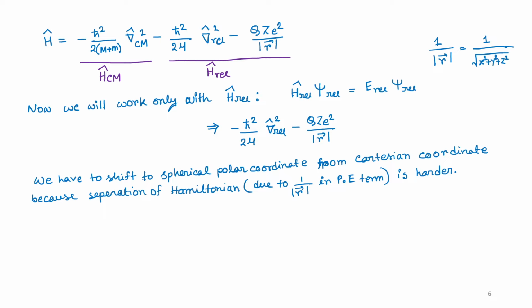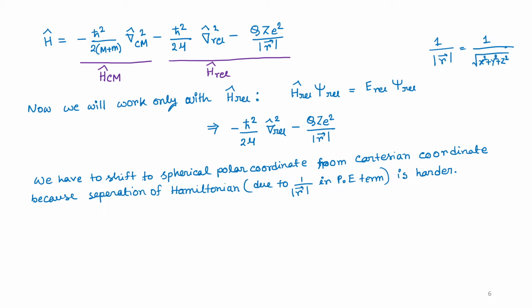We are now focusing only on the relative Hamiltonian of the electron with respect to the nucleus, and we are not bothered by the center of mass motion, because that will act as a free particle in space. Till now we were in Cartesian coordinates, and now we are moving from Cartesian coordinates to spherical polar coordinates.